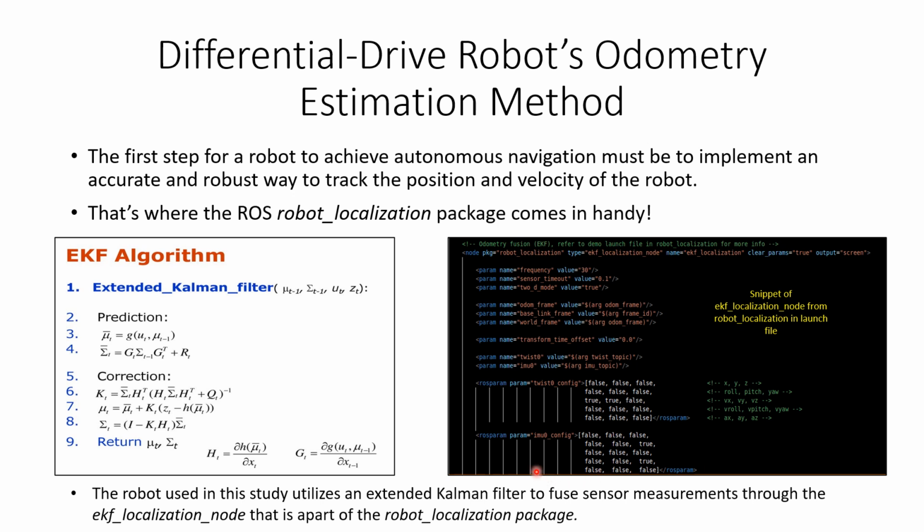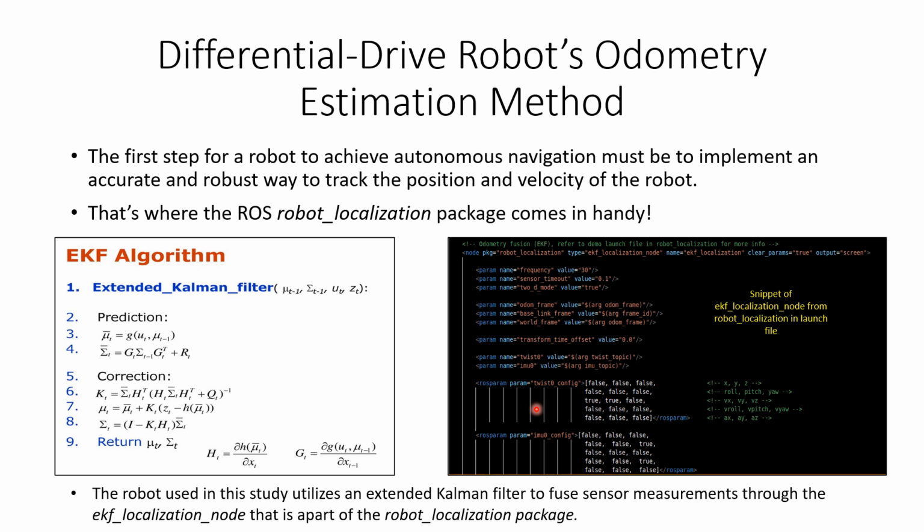The important part that I want you guys to notice is the twist0_config and the imu0_config parameters. What these do is tell the extended Kalman filter algorithm which parts of each sensor message it should incorporate into its state estimate. For example, twist0_config represents the configuration for the measurements coming from the wheel encoders.